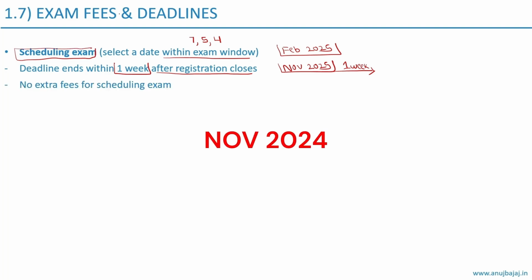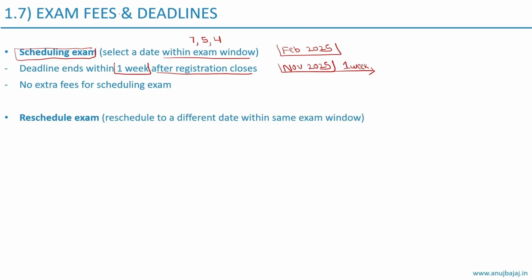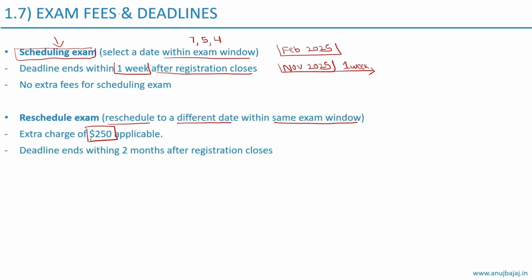There is no extra fee associated with scheduling your exam. It is covered in the examination fee that you have paid. But after scheduling your exam, if you want to reschedule it to a different date within the same exam window, then you are charged an extra $250, and the deadline for rescheduling your exam ends within 2 months after the registration closes.